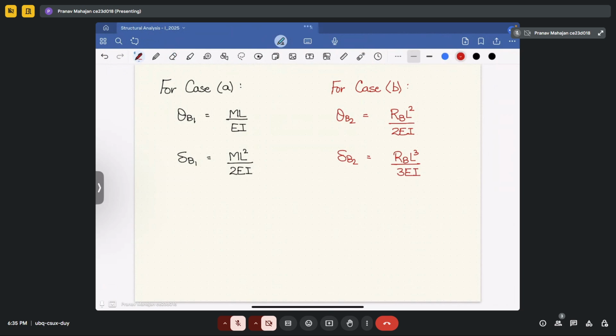That means your total delta B is equal to 0. Let me write it here that at roller support B, your delta B is equal to 0. That means your delta B1 plus delta B2 is equal to 0.